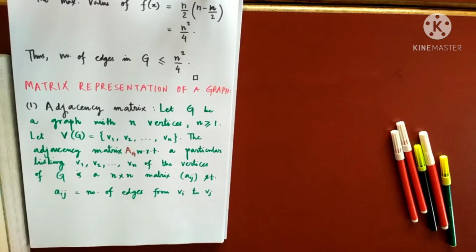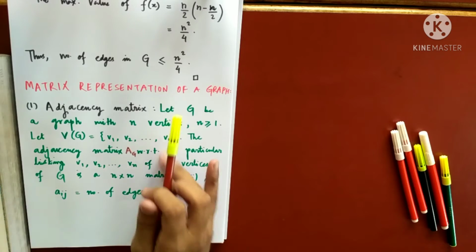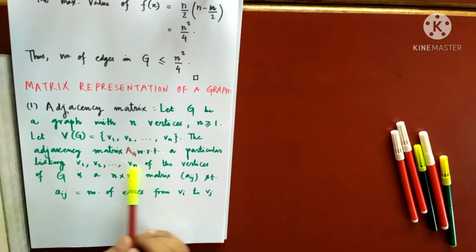Suppose you want to find the adjacency matrix with respect to some other ordering, such as v2, v1, v4, v3 and so on. That time the adjacency matrix will change. The graph will not change, the matrix representation will change. So you have to choose a particular listing according to you. So I am choosing this listing.